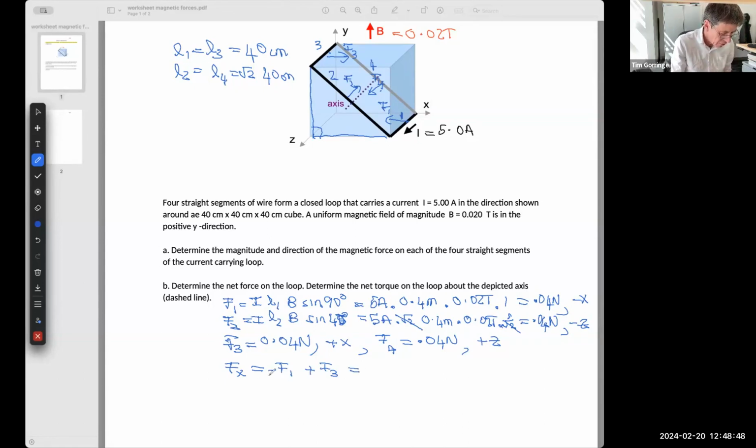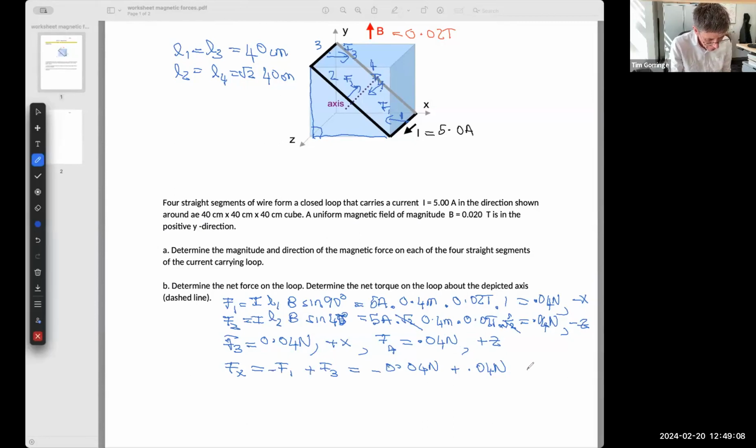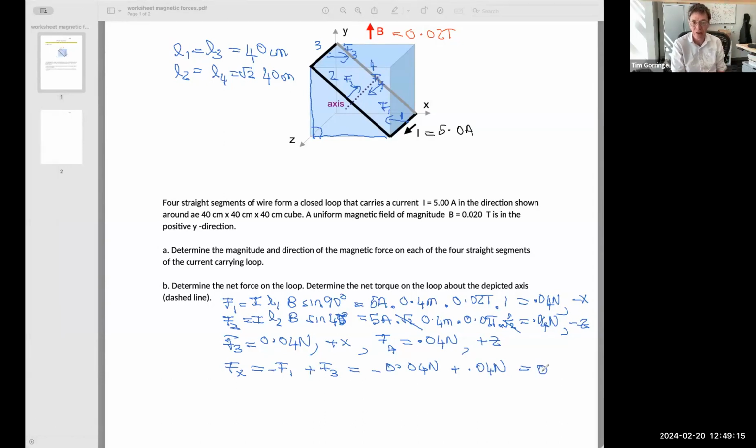And the strengths of F1 and F3 are both 0.04 newtons, so minus 0.04 newtons for F1 because it's in the negative x direction, and plus 0.04 newtons for wire 3 because it's in the positive x direction. And of course, minus 0.04 plus 0.04 is going to be 0. There's no force in the x direction. The two forces cancel each other out.